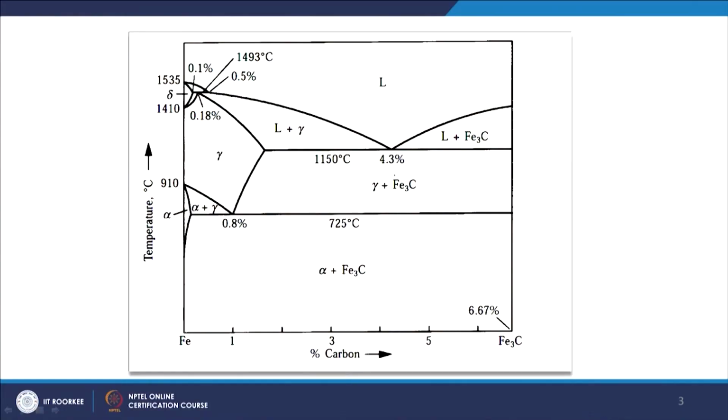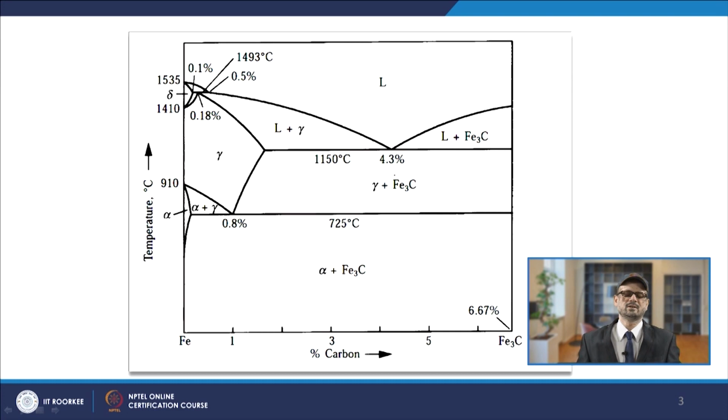That is why we need to understand the iron carbon phase diagram, because with variation of the percentage of carbon you get different phases. However, there is one intermetallic phase in between at 6.67% carbon, that is Fe3C, iron carbide, known as cementite. So many times we also call it the iron cementite phase diagram.